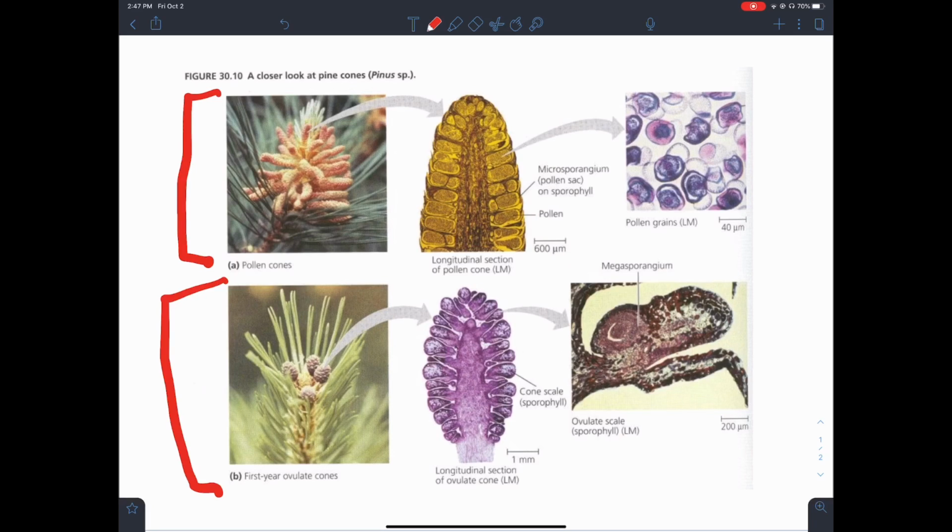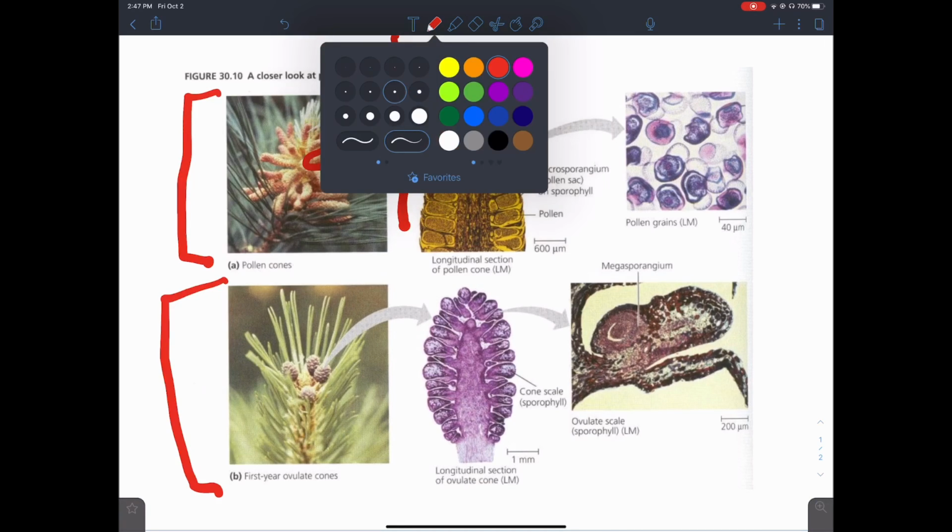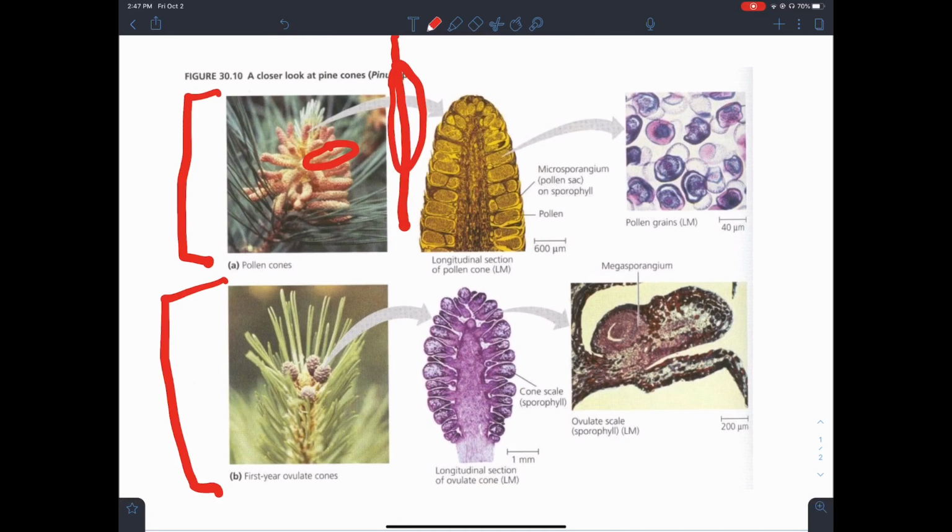Okay, so just to quickly review, let's look at these pollen cones, the cones that contain the microgametophytes. What I've done here is I've taken one of these cones out. Here's our cone, and I've made a section longitudinally right down through it, and then I have magnified that section.